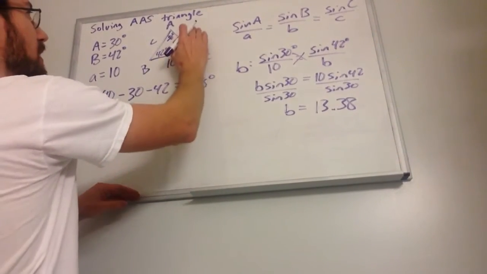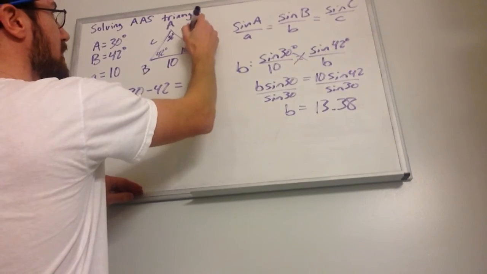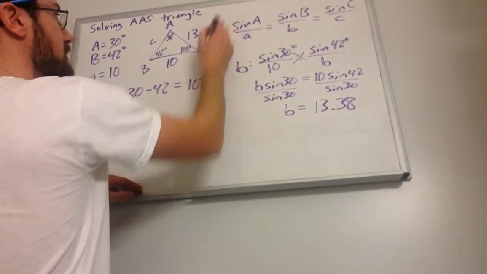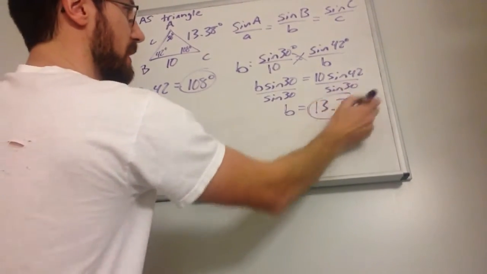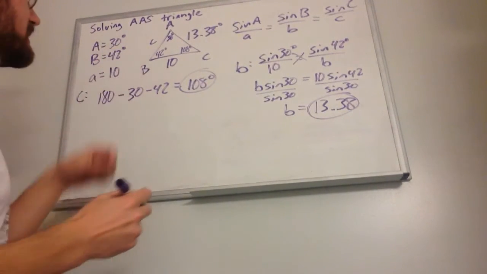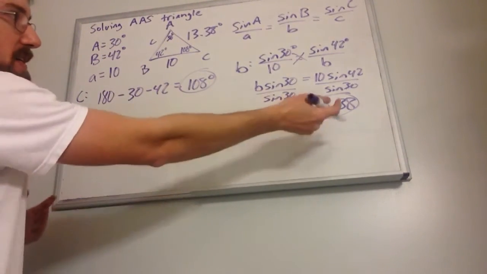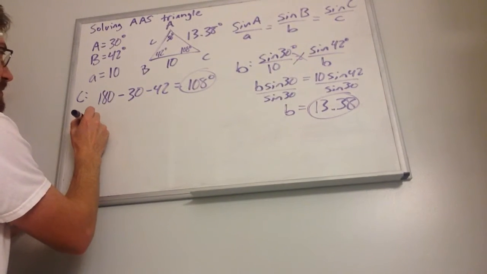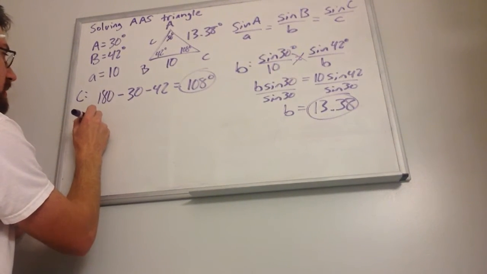Alright, so I've got side B, 13.38. I've got angle C and side B. The last thing would be to figure out side C, and I can solve it the exact same way that I solved for B. So this will be little c over here.